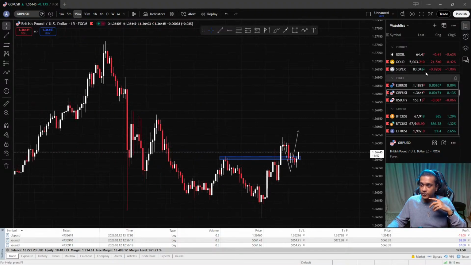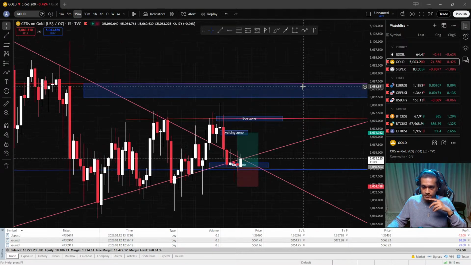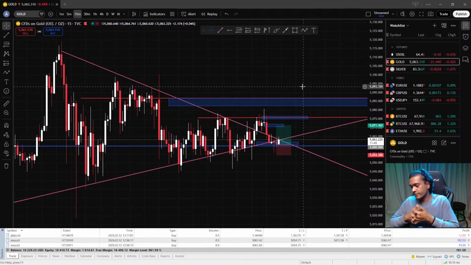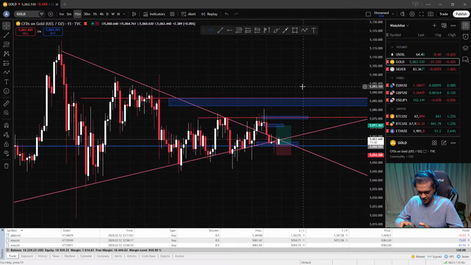Okay. Price is moving quite slow right now. Therefore, let's check this map.